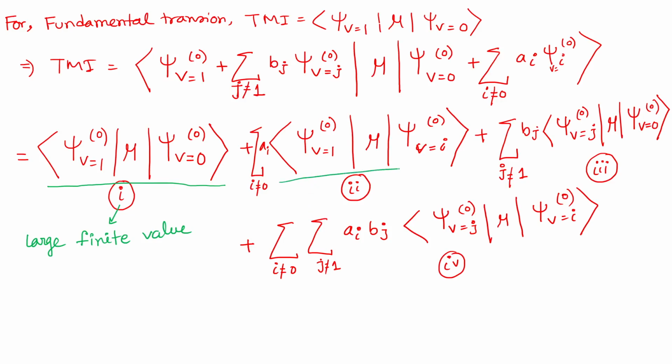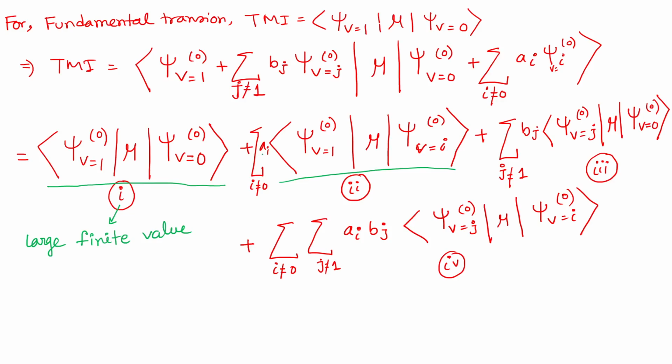Now, what about the second integral? Will it give me a finite value, a large finite value, a small finite value? Let us see. i cannot be equal to zero. So it can be two, it can be one. If it is one, then you see it is symmetric and mu is anti-symmetric, so it is going to be zero. Then if it is two, it may survive.